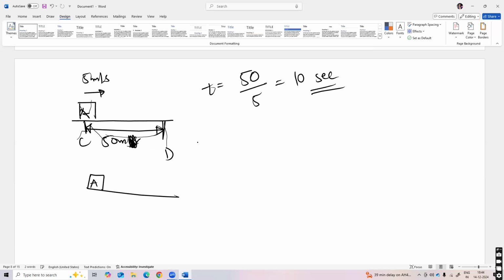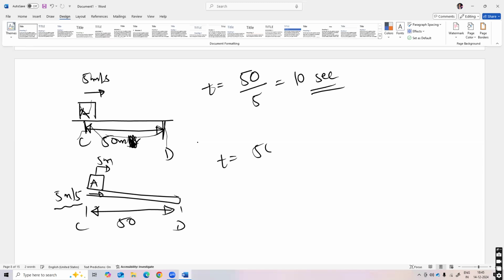this vehicle is moving at 5 meter per second, and this road is also moving at 5 meter per second. So to cover this 50 meter, both vehicle and road are moving. In this case, the time required will be 50 upon velocity of vehicle plus velocity of road, that will become 5 seconds. Most of you go to malls, right?